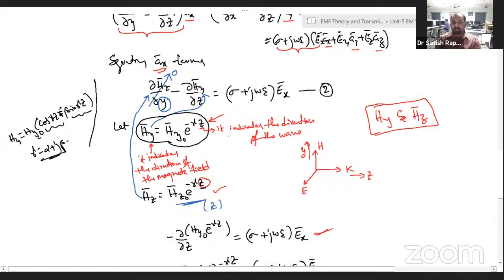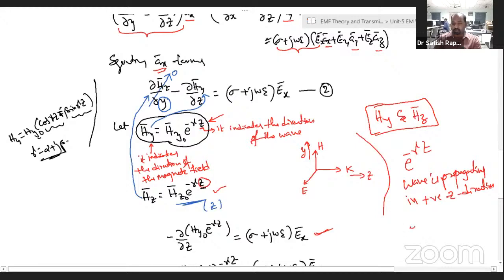As I said earlier, z is the direction of the wave. I'm assuming that the wave is propagating in the z direction. More clearly, e power minus gamma z means the wave is propagating in the positive z direction.